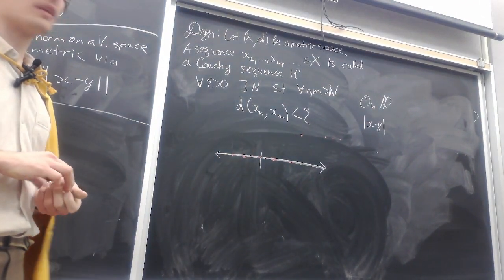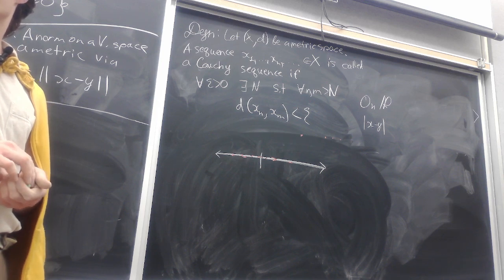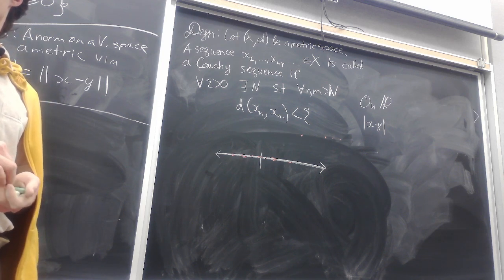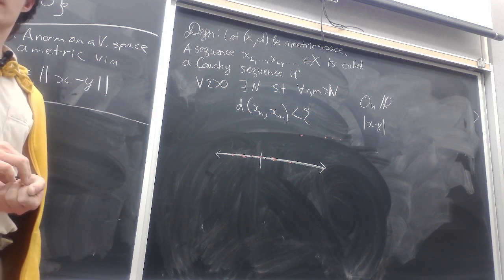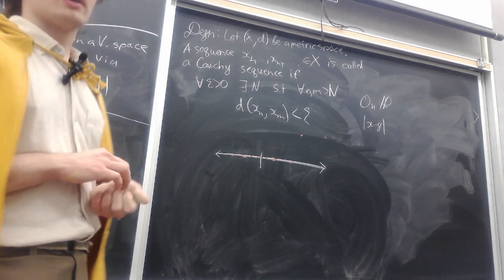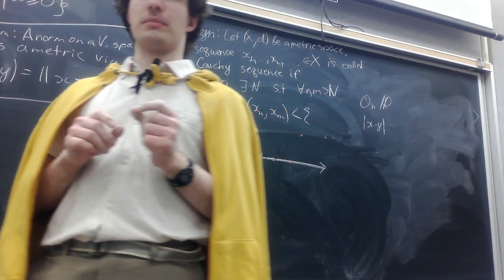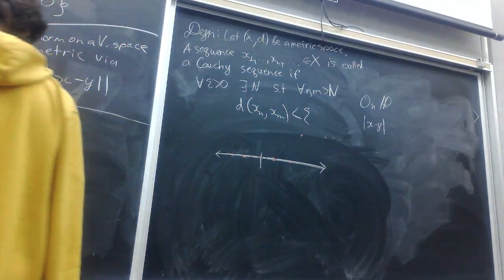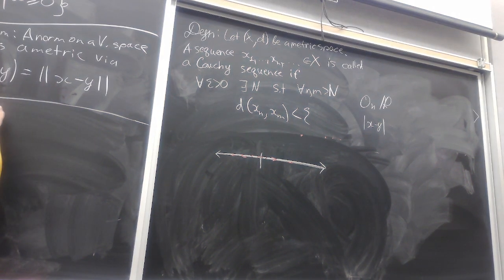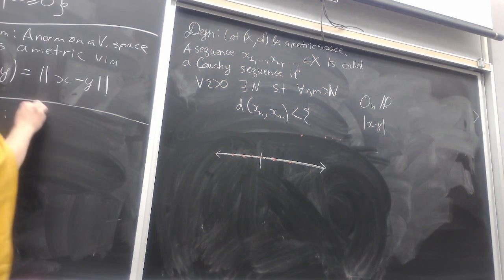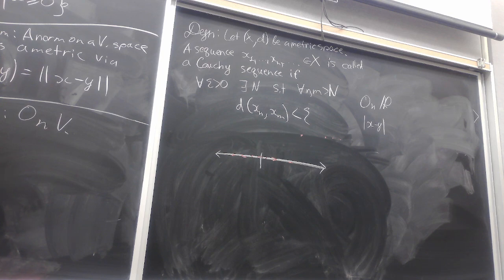Do you agree? Yes. A norm is defined on a vector space, and on V, a norm tells you the length of a single vector. So the norm goes from V to R. It takes in a single vector and tells you how long it is.